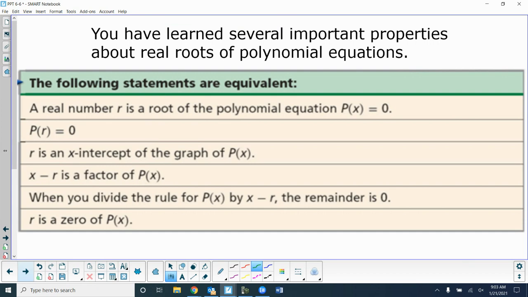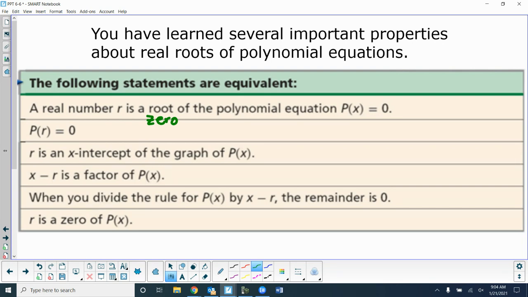All right, so all these are equivalent statements. A real number r is a root, or instead of root, we could say what? Zero of the polynomial equation. So whatever r is, when I put r in place of x, what's the answer? 0. Remember, when it's a 0, that's where it crosses the x-axis. We call those x-intercepts, right?